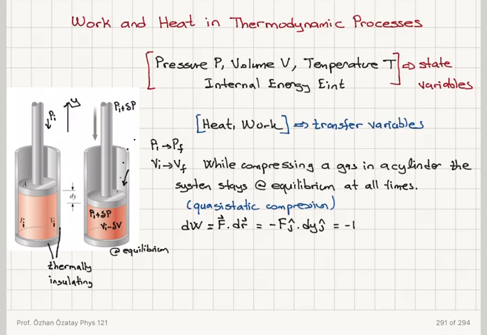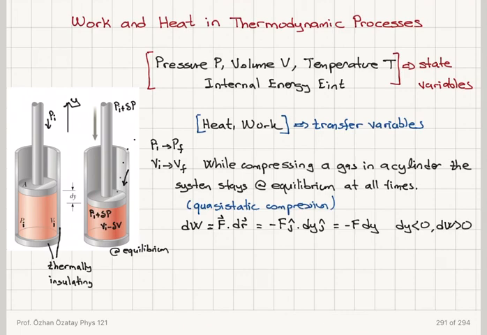So it's going to be equal to minus F dy, but since the displacement on the y-axis, dy, is negative, I will find that the work done by this force is positive.